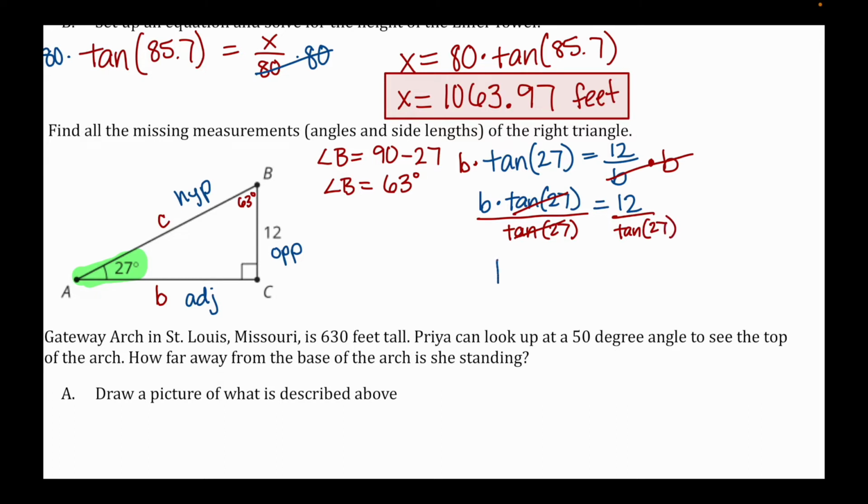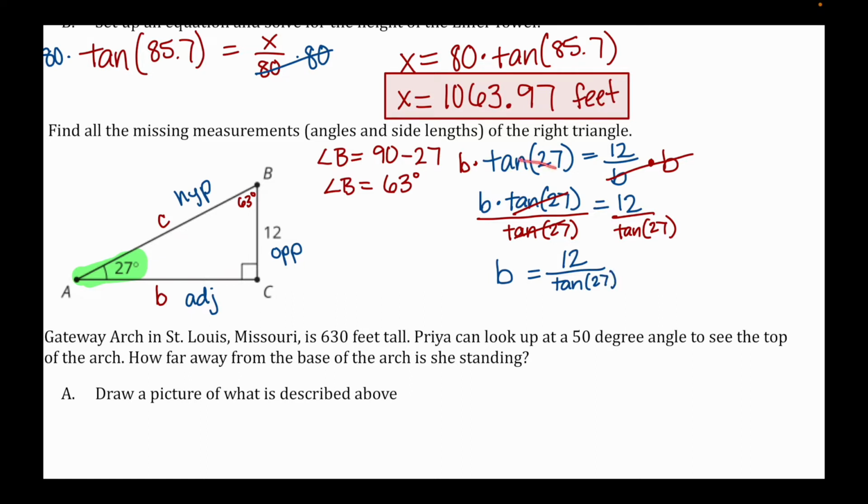So ultimately, when we have an unknown variable in the denominator of one of these, we actually are going to have a phenomenon that happens here. So 12 divided by tangent 27 is just the final version of this.